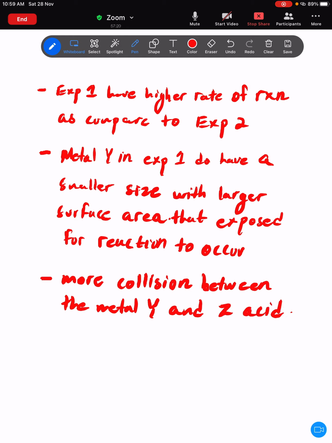Okay. When it has more collision, what type of collision? Tell me. What type of collision? Very good. You're going to have more effective collision.